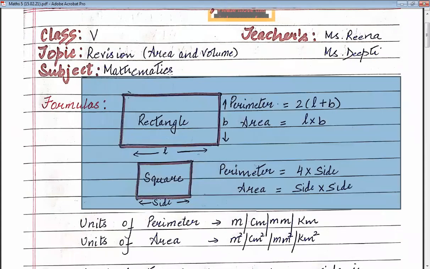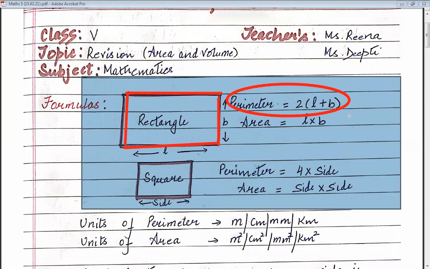Now, children, you know that the first figure is the rectangle. In a rectangle, the two opposite sides are always equal. So this is your length and this one is your breadth. If we want to find the perimeter of a rectangle, the formula is 2 times (L plus B).